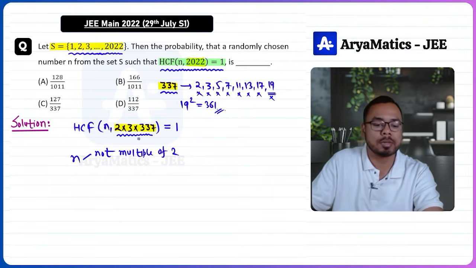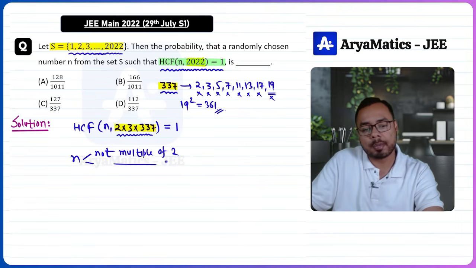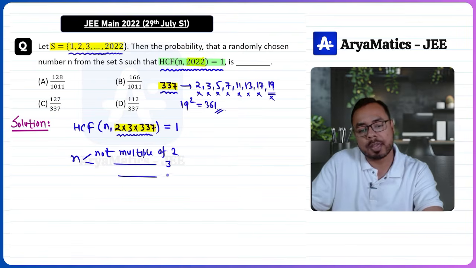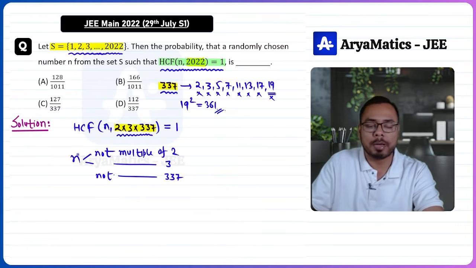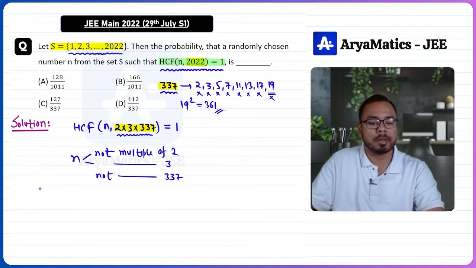If n is 4, then also the HCF will be 2. Similarly, n cannot be a multiple of 3, because then the HCF will become 3. And finally, n should not be a multiple of 337 either.